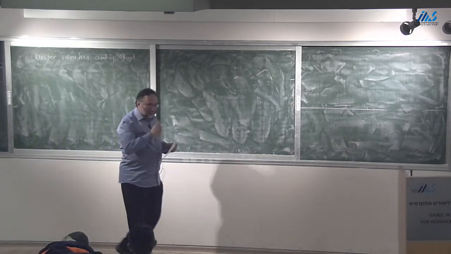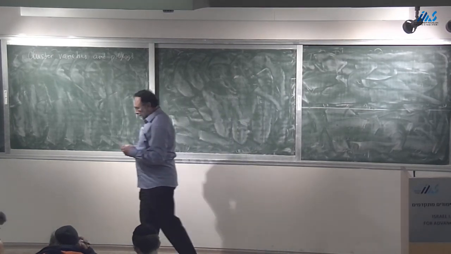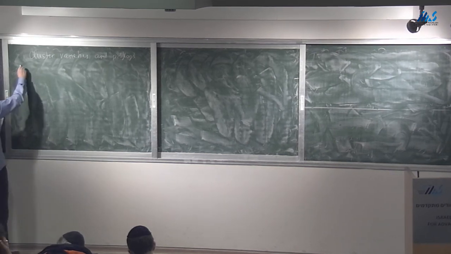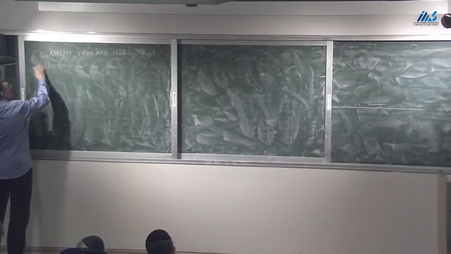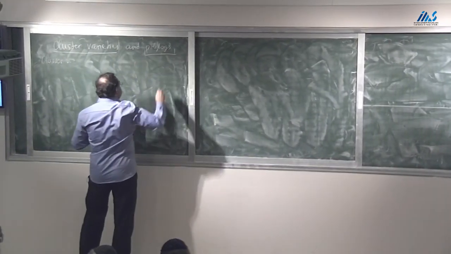Okay, so thank you very much for the invitation. I want to say just what I'm going to talk about. There is some connection. On one hand, you have cluster varieties, and there are polylogarithms.